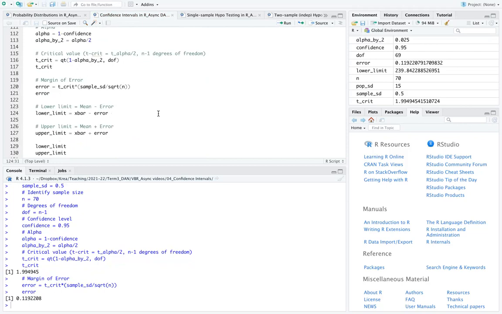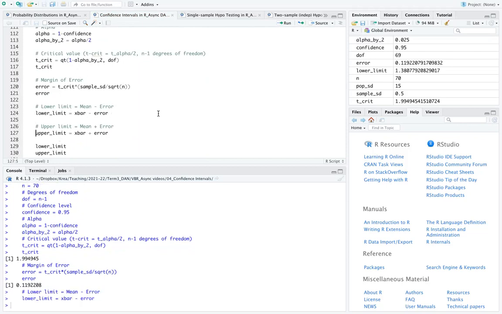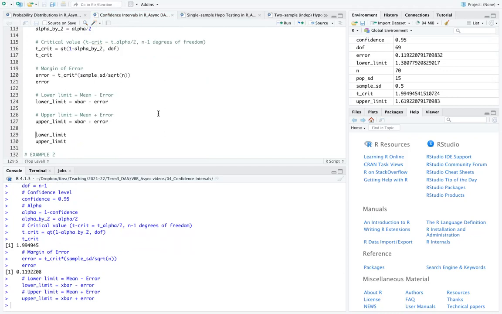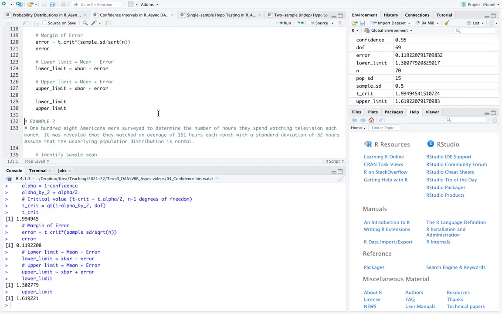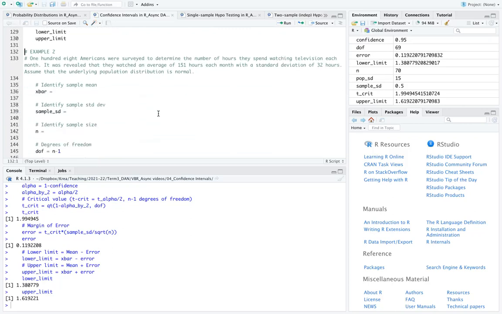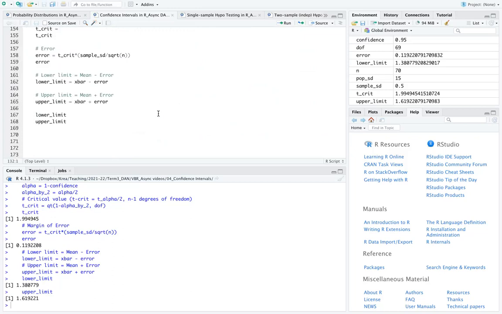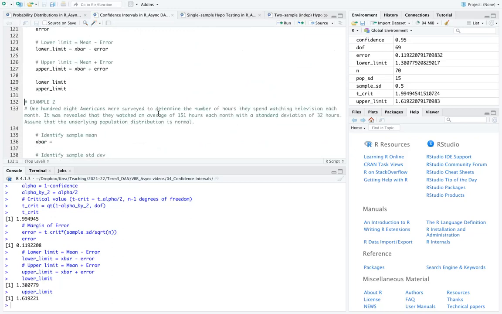It's just the sample mean minus error. Upper limit is sample mean plus error. So if I look at the lower limit, it's 1.38 and the upper limit is 1.619. So that's the confidence interval for this particular question. I have another example here, which I encourage you to try out, and I'll put in the answers here. So good luck practicing.